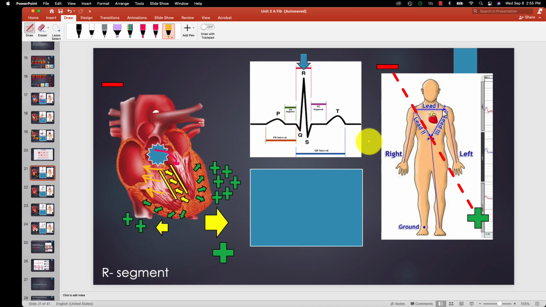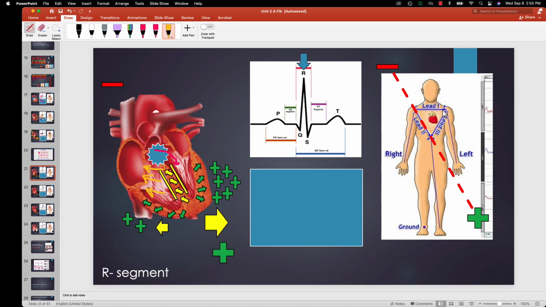Okay, so now we are going to get into the ventricular contractions. Once the branches send that signal down to the myocardium down here, right, these thick contracting muscles, now we're getting into ventricular contraction. All right, so if there was a problem up here, there's going to be a problem down here.